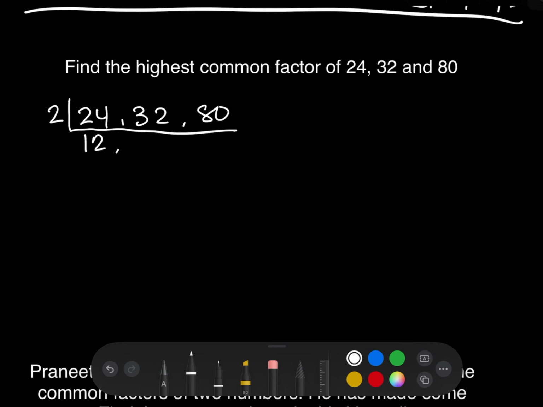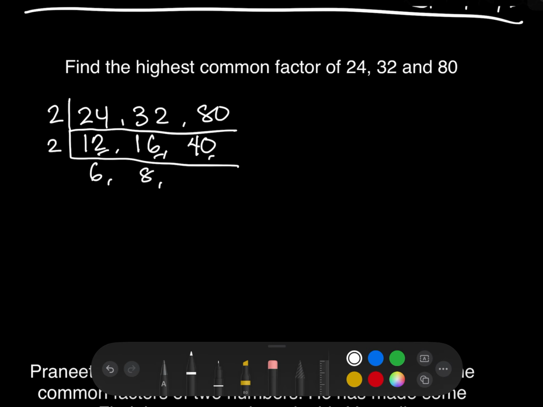So 24 divided by 2 is 12. 32 divided by 2 is 16. Then 80 divided by 2 is 40. As you can see here, second level, 12, 16, and 40 are still divisible by 2 because all of them are even.